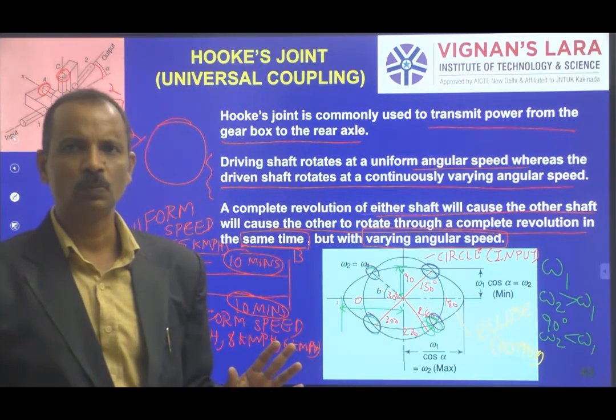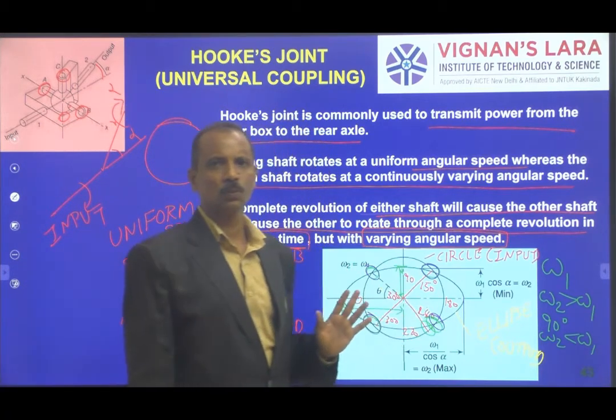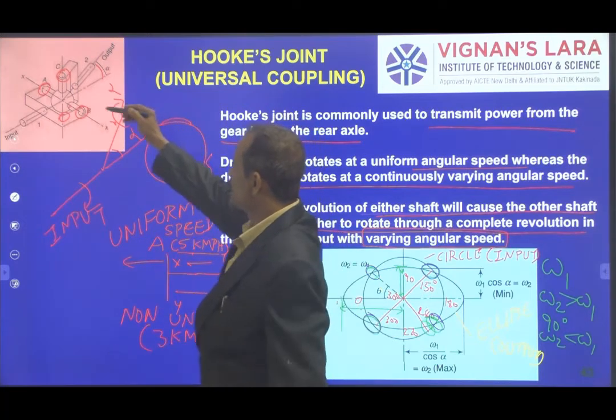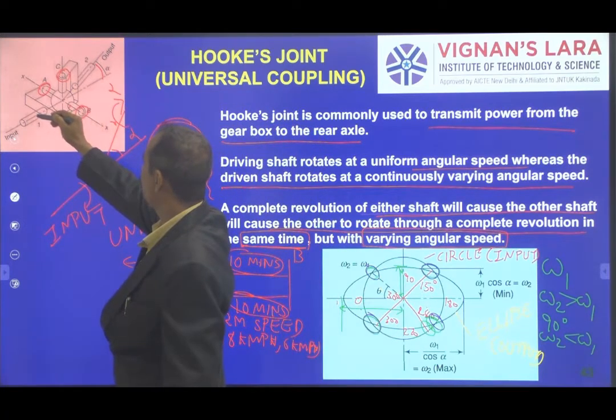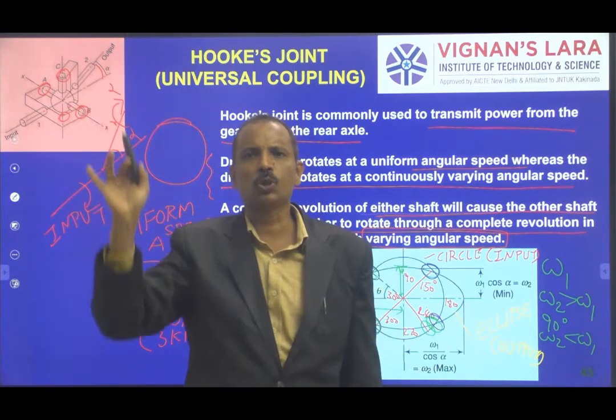Then what to do? For that, a double hook joint is used. That means this is the input shaft. Okay, the output shaft is not connected directly by a hook joint.